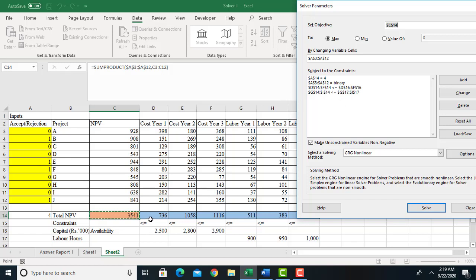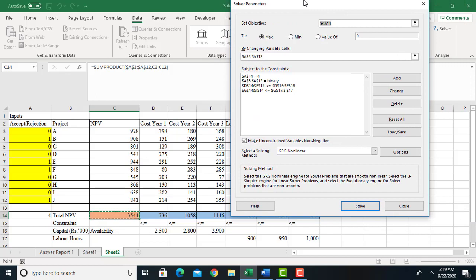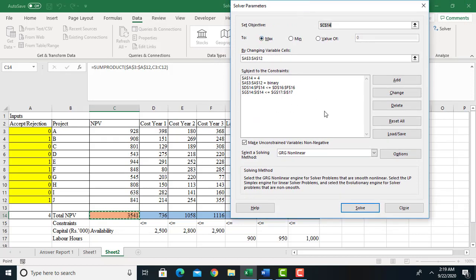And also you have indicated that the capital usage, the money that you use, must always be less than or equal to your availability. And also the labor usage must be lower than or equal to the availability.